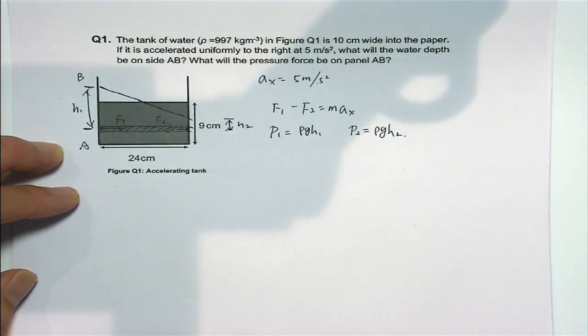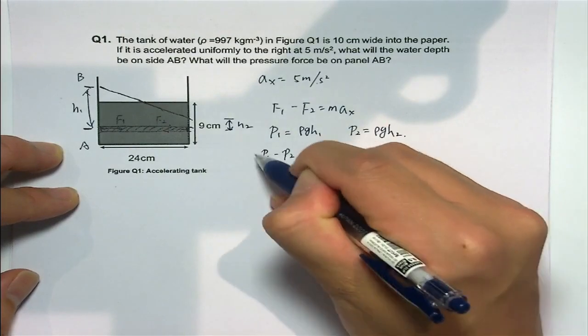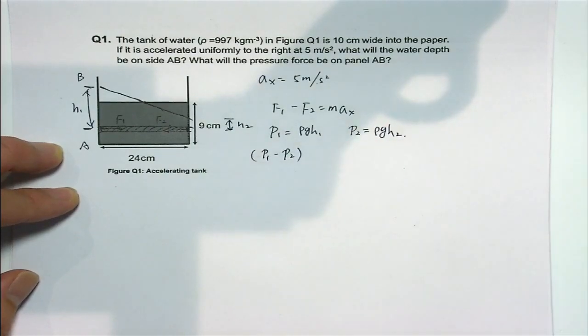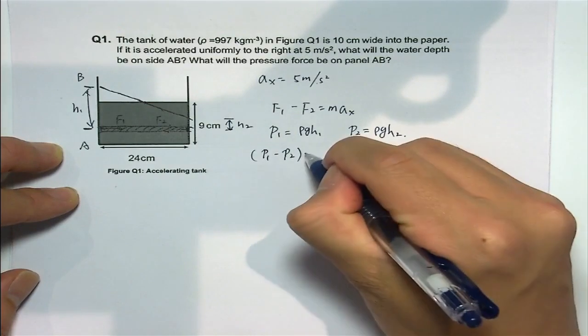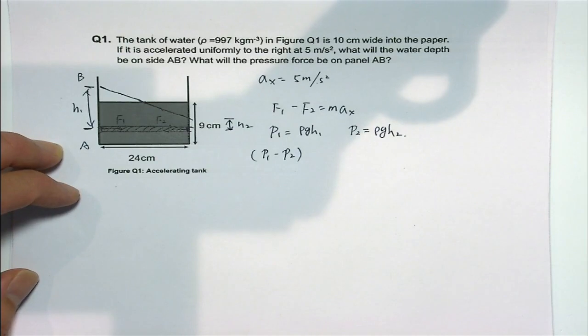So we can solve the force. The force on the left and the force on the right could be written as P1 minus P2 times the area.